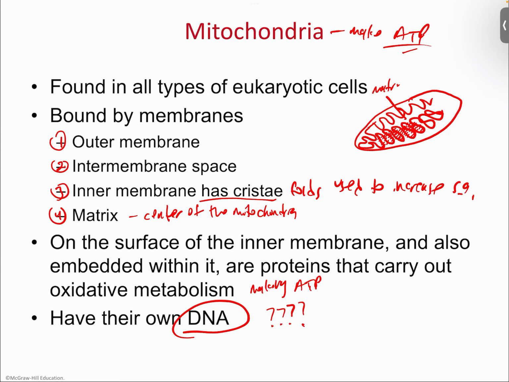If I see a cell and it's got its own DNA, what does that tell me about it? Yes. It does have a different set of instructions, which leads it to being a different single cell organism.